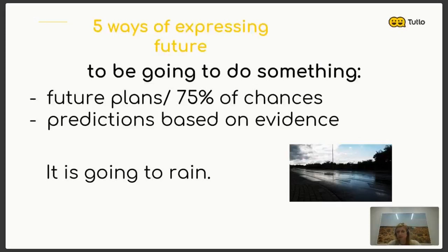So to travel. I'm going to travel, yes. And when I say I will go on holidays, it's like around 30% of chances that it will happen. If I say I'm going to travel, it's going to be about 75%. Second example that I wrote you is like prediction based on evidence.